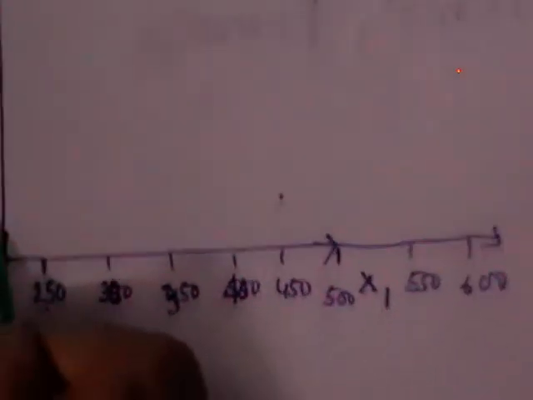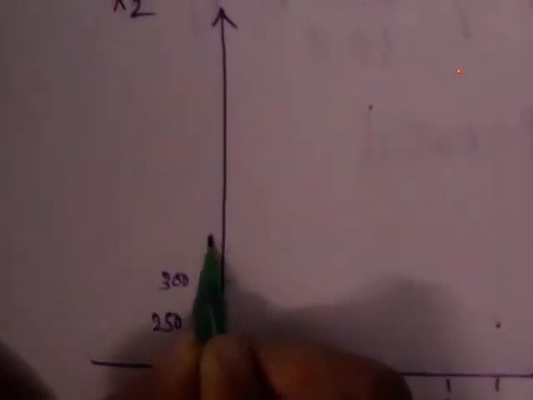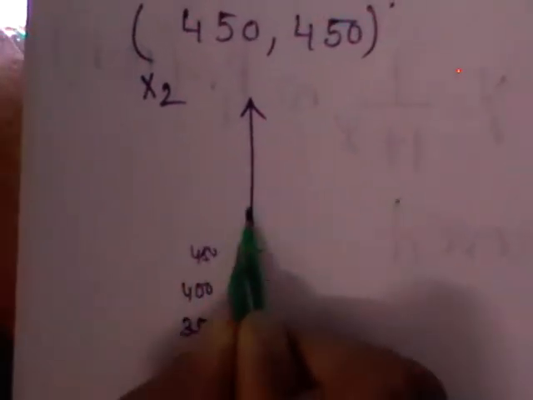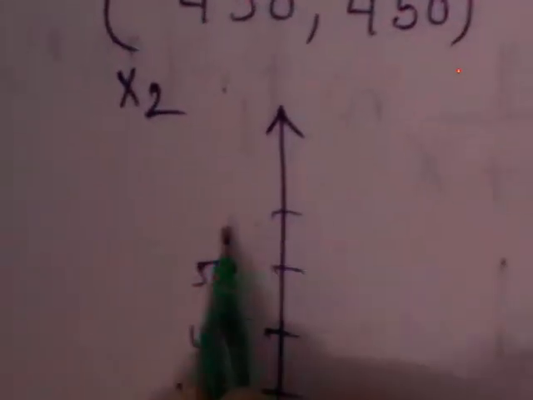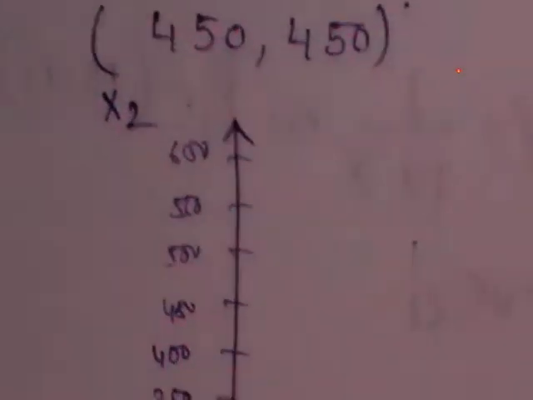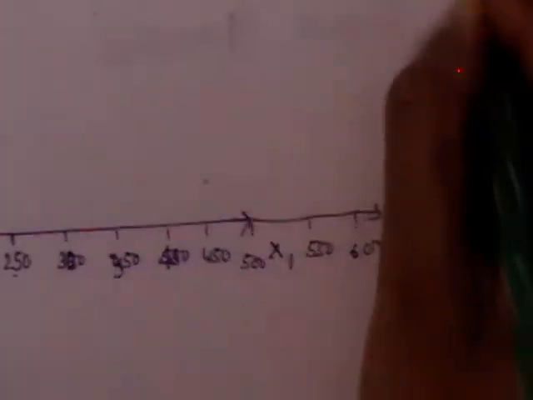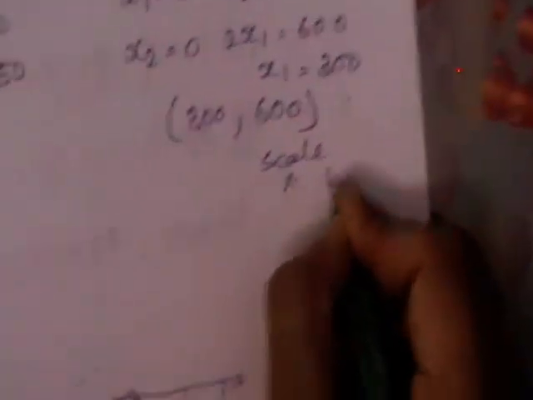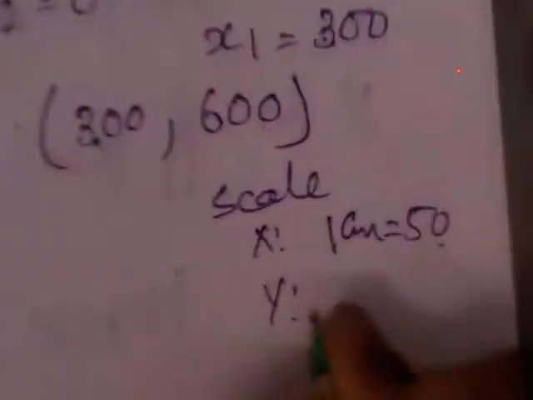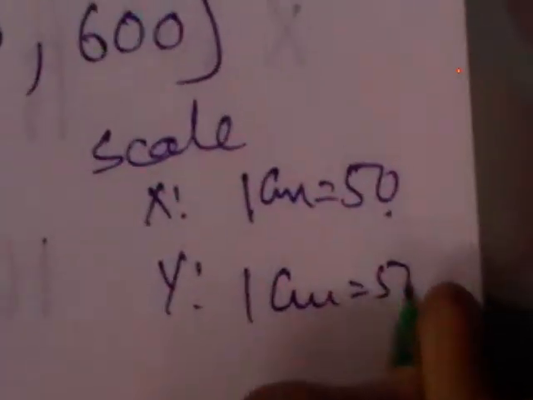Similarly on the y-axis also, 250, 300, 350, 400, 450, 500, 550, 600. So you take the scale according to your convenience. Here you took on the x-axis 1 centimeter equal to 50 units. On the y-axis also 1 centimeter equal to 50 units.